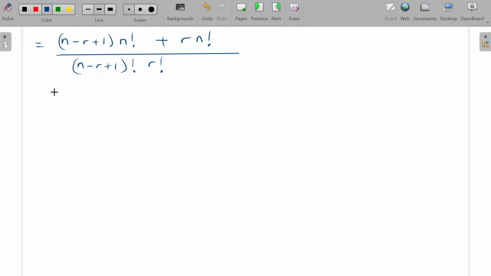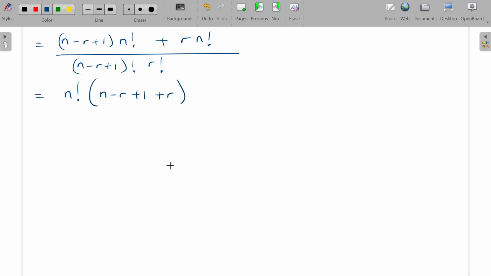Okay, then this one here, we can factor out the n factorial because it is common. Are we able to see that it is common? Yes. So you just factor it out, n factorial. Then if you factor it out, these ones which are going to remain, they're going to add. So n factorial, you're going to have n minus r plus 1, then plus r.